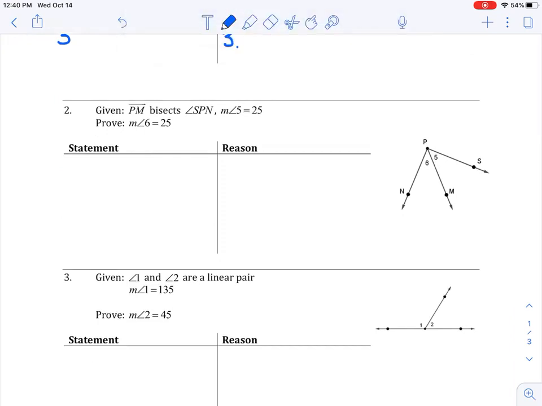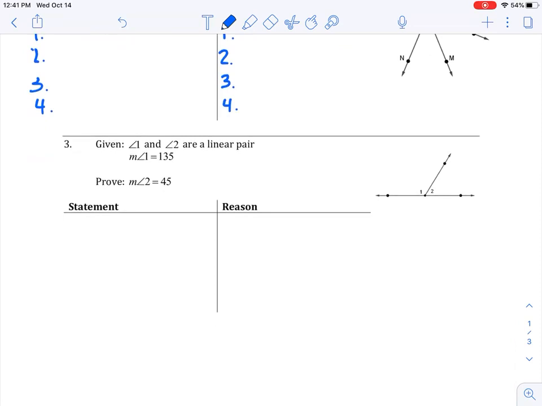The second one is 4 steps and 4 reasons, obviously. The third one is 5 for each.